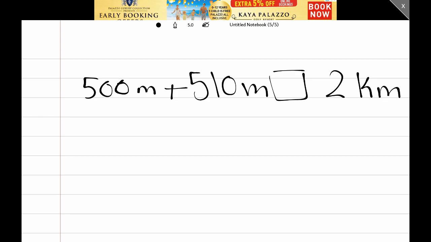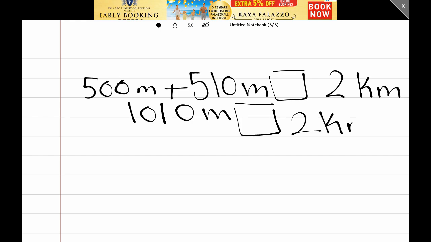Well, we should add those, right? Add the ones first, 0, tens, 1, and hundreds, which is 1010 meters. Comparing it with kilometers, we have 2 kilometers.